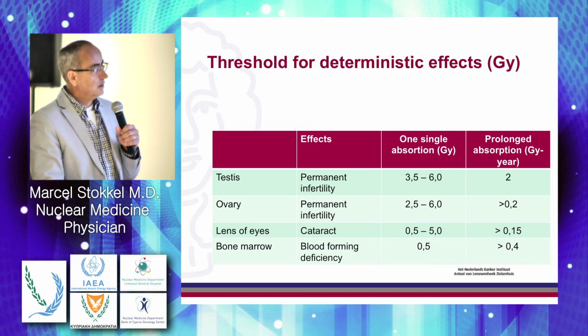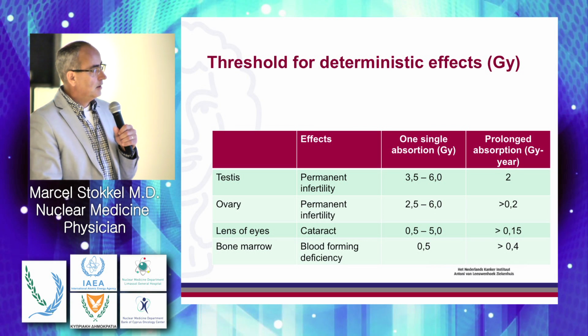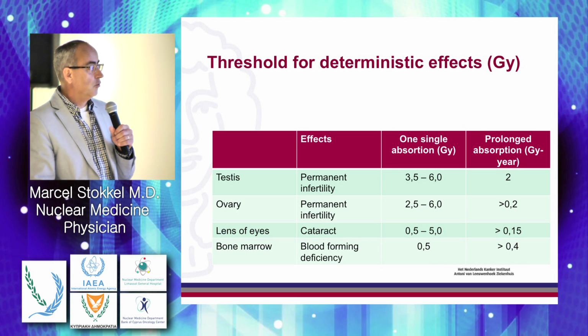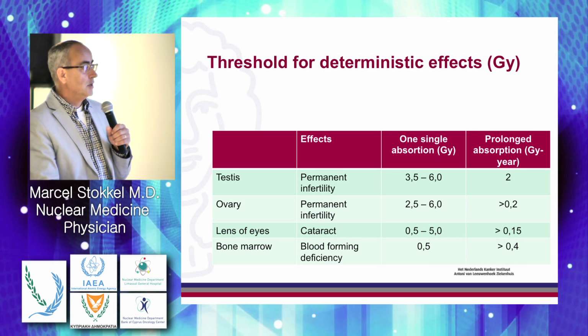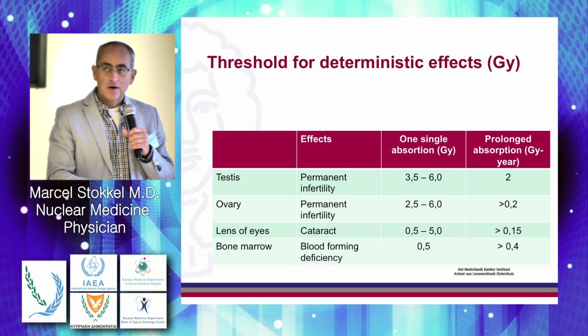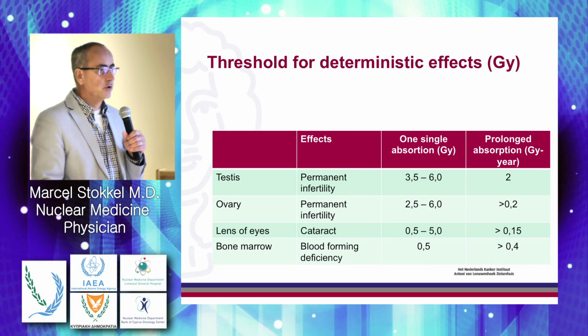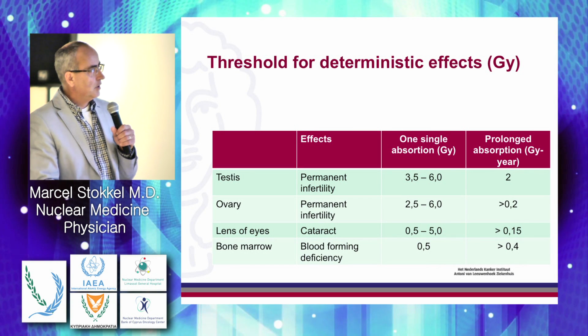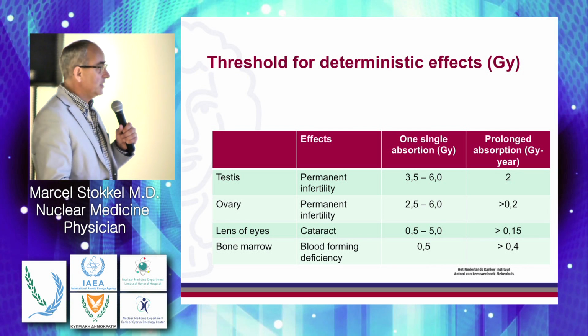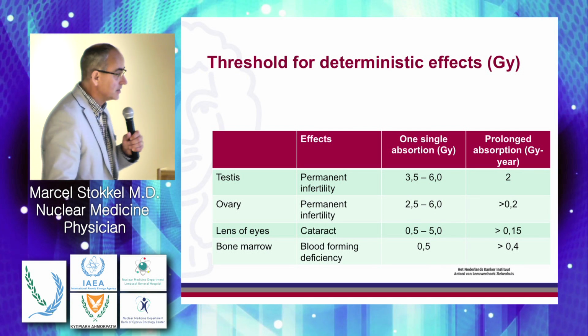Ovary, in the same range. The lens of the eye, cataract, between 0.5 and 5.0. You have to realize that when you are crossing the safety borders, you will definitely end up with such deterministic or non-stochastic effects.